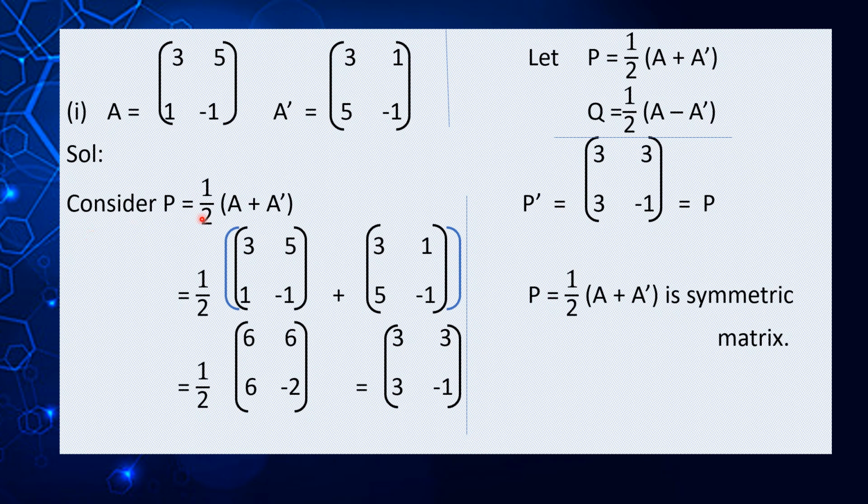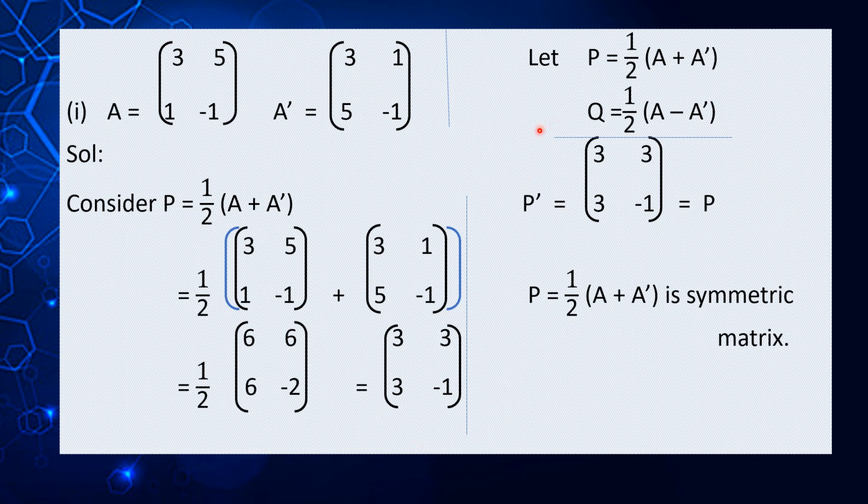Now consider P is equal to 1/2 of A plus A transpose, which is equal to half of 3, 5, 1, minus 1 plus 3, 1, 5, minus 1, which would give us half of 6, 6, 6, minus 2. Now 6 by 2 would be 3, 6 by 2 would be 3, and 6 by 2 would be 3, and minus 2 by 2 would be minus 1. So this is the matrix P.